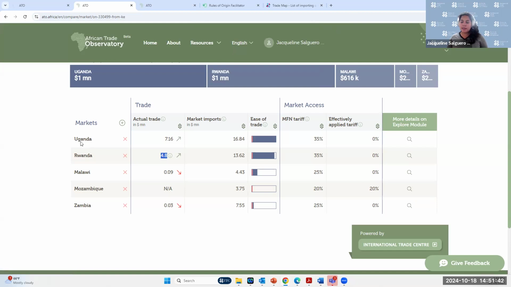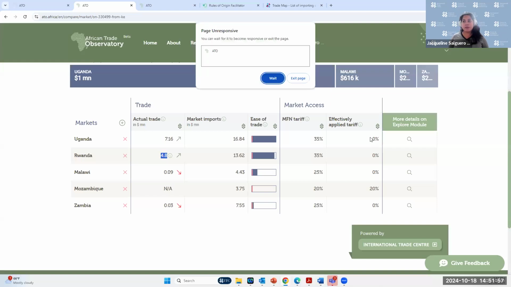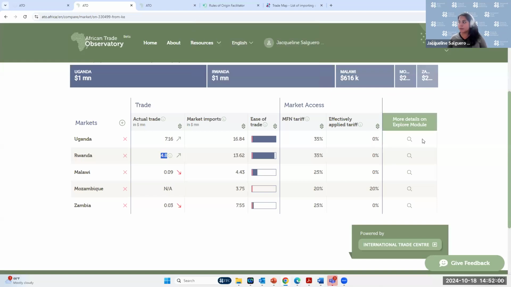In this case, I can select Uganda, because that's the country that has the largest number of imports. It's easy to trade between Kenya and Uganda. Their imports of this product have increased in the last 5 years, and there is a preference to trade with this country.